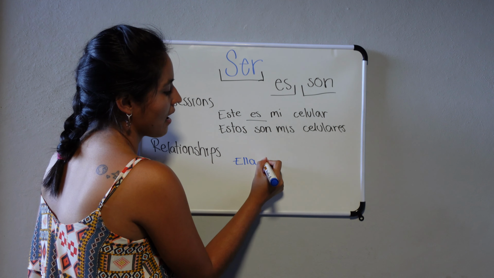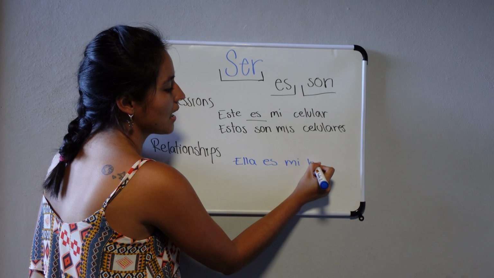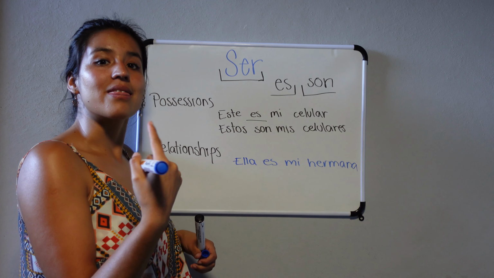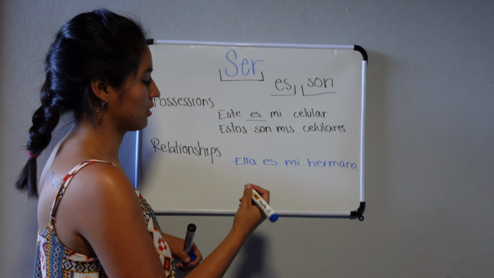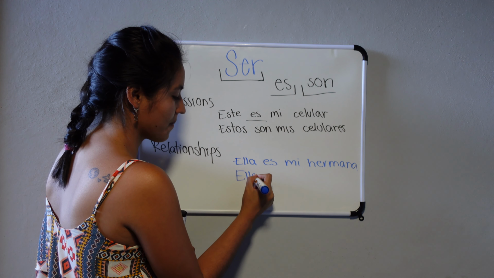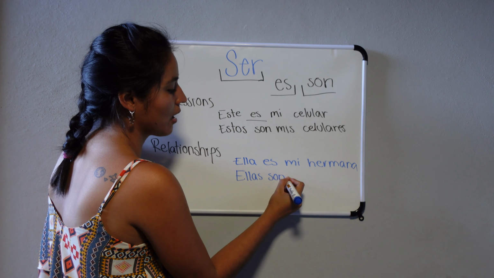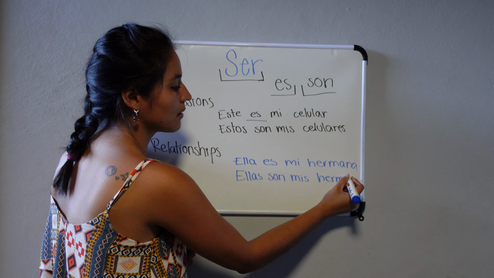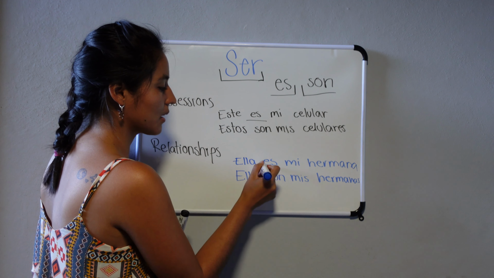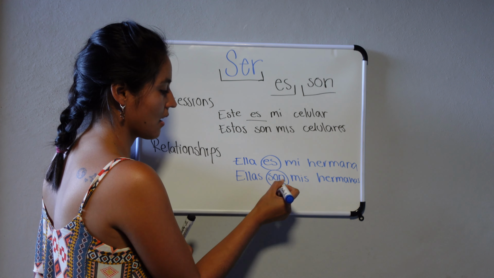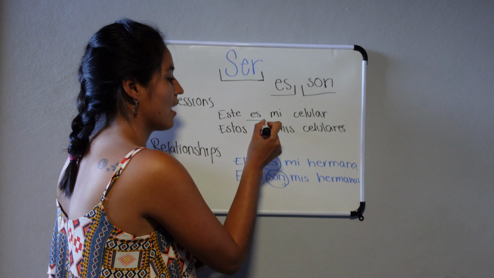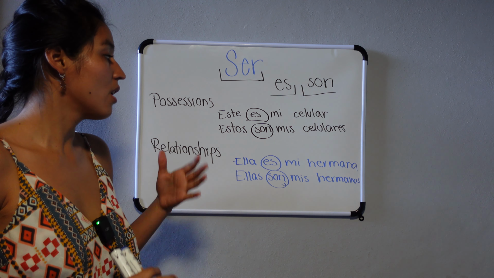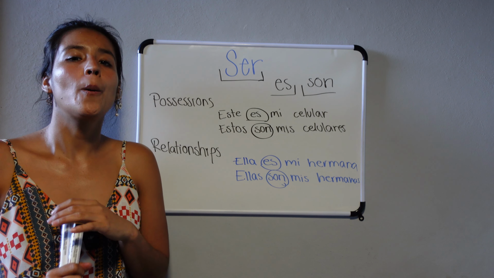Ella es mi hermana. Okay? But what about if I want to say, they are my sisters? Ellas son mis hermanas. Okay? We can clearly hear the difference. Es or son, based on if we are talking about singular or plural.